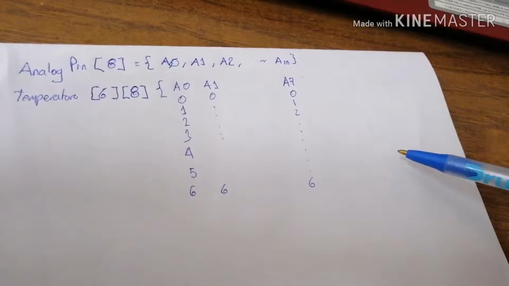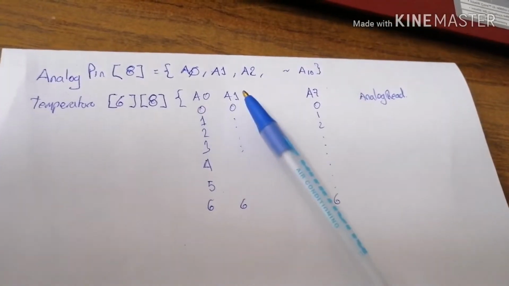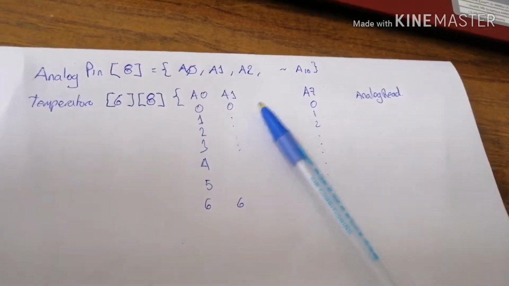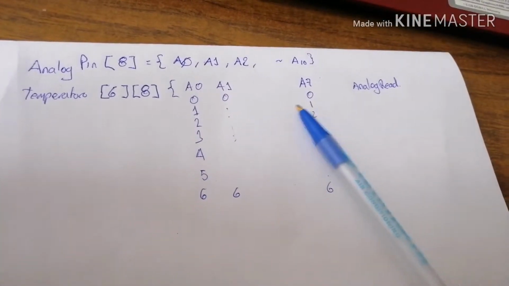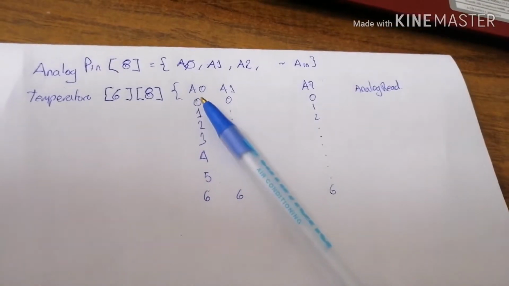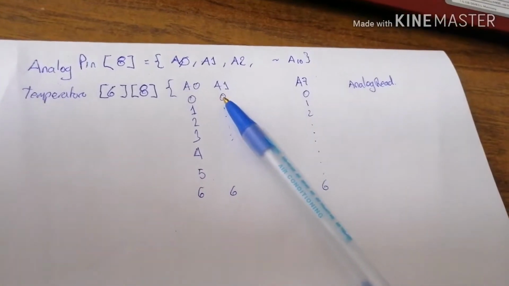So what I do right now is I read the first sensor A0, and then change to the next sensor, this one, this one, and so on, right? I take one sample of this sensor, and then I change to the next.